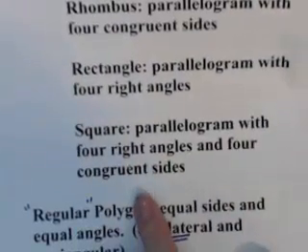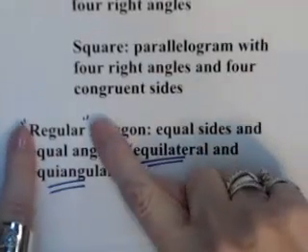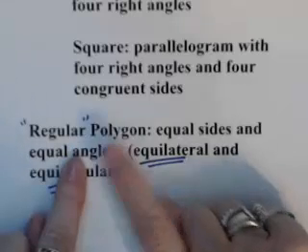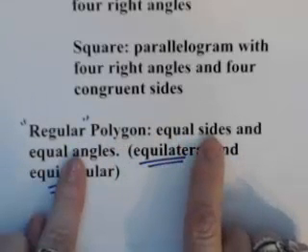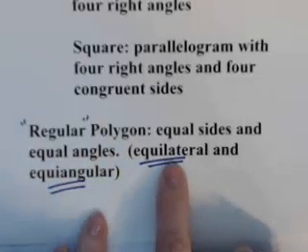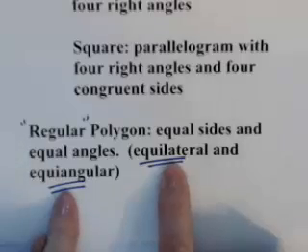And a square is a parallelogram with 4 right angles and 4 congruent sides. And then if we put the word regular in front of polygon, that means that we have equal sides and equal angles. That means that it is equilateral and equiangular.